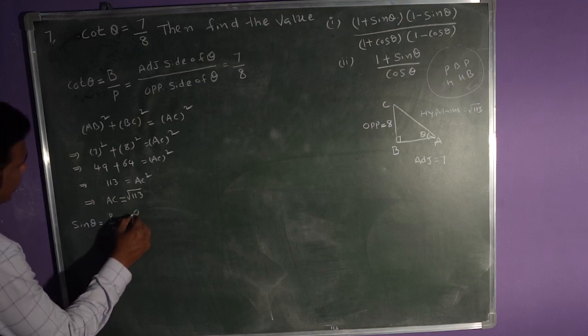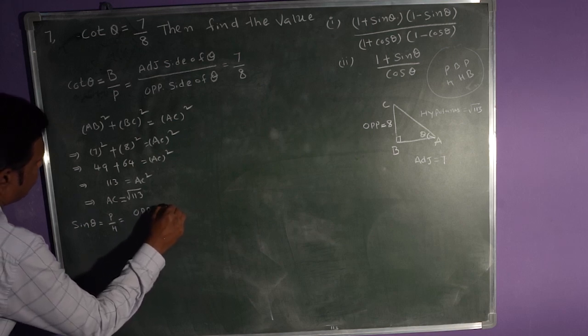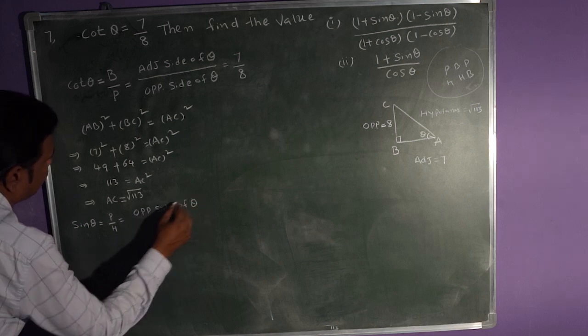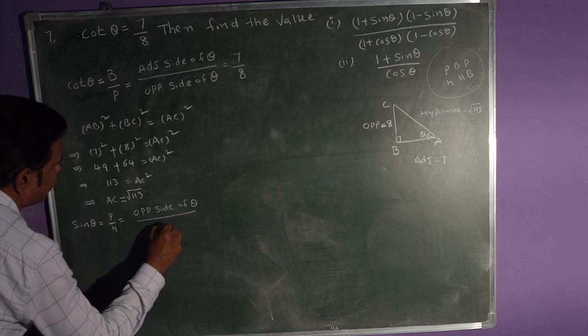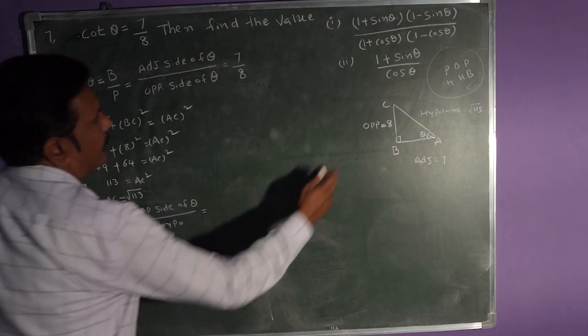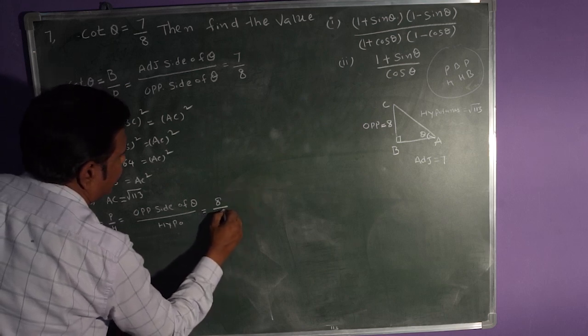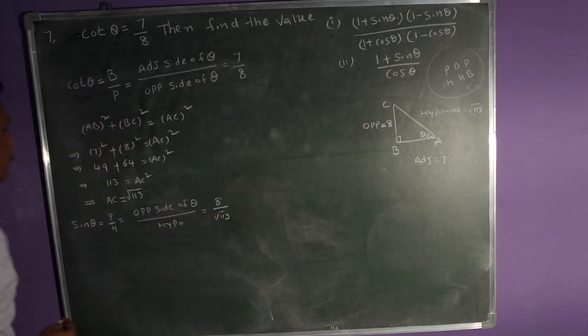P means perpendicular, the opposite side of theta, by hypotenuse. Opposite is 8 by hypotenuse root 113.